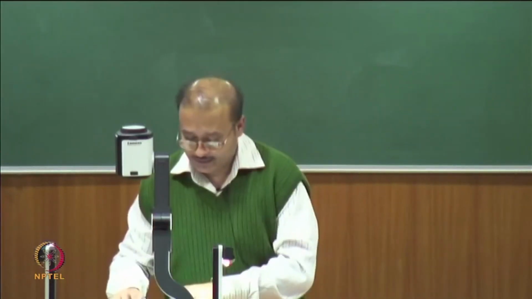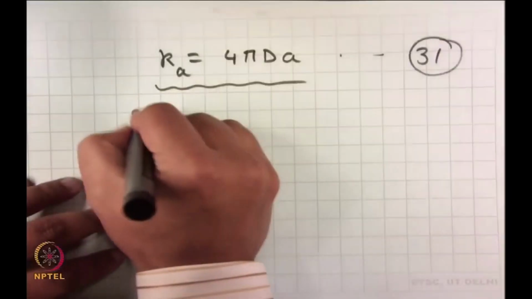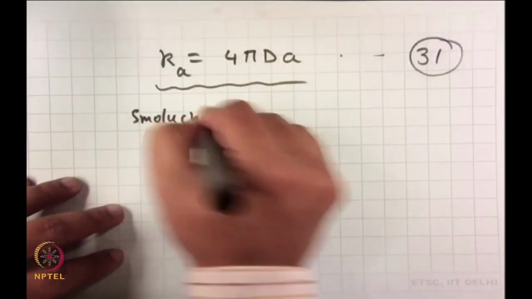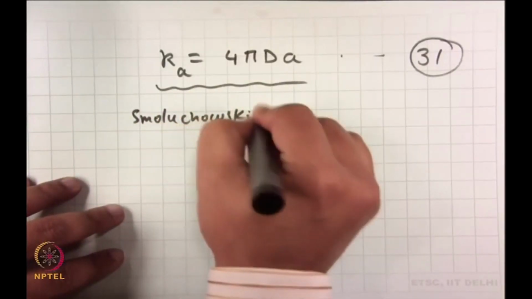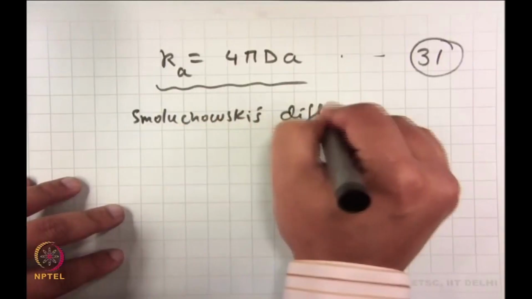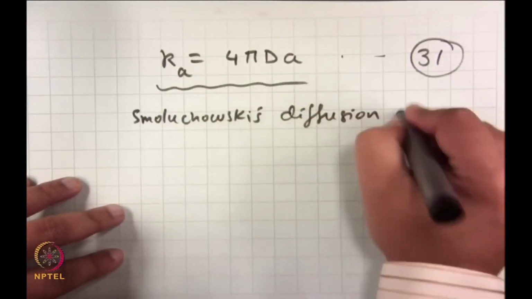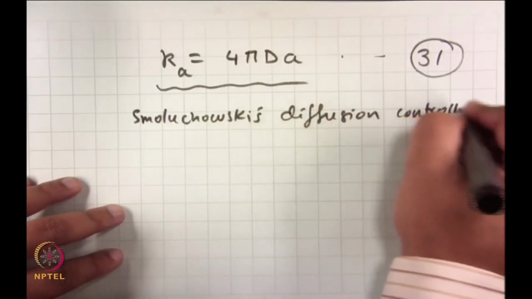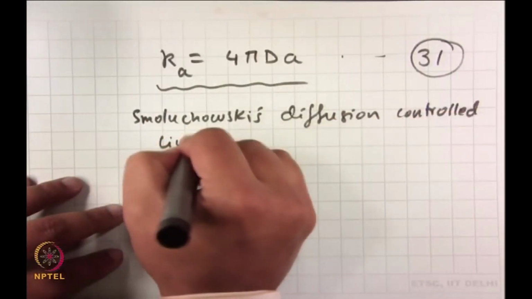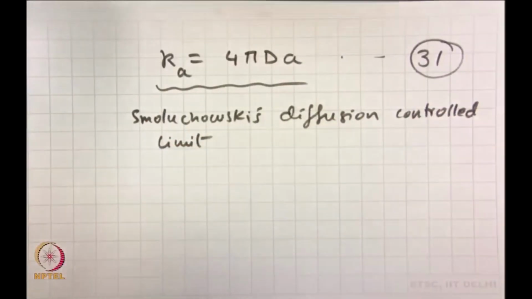Hence, this is called Smoluchowski's diffusion controlled limit. This is called Smoluchowski's diffusion controlled limit.